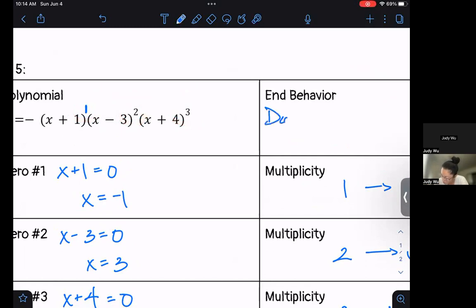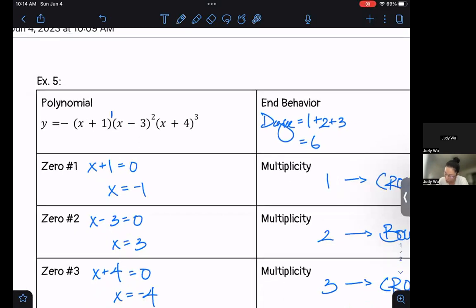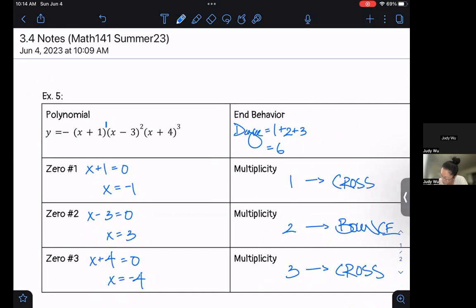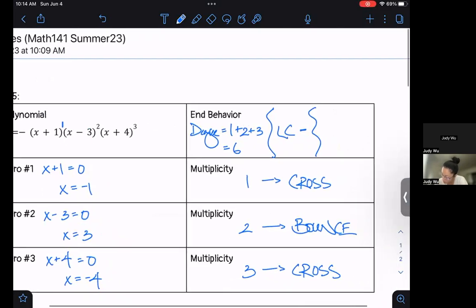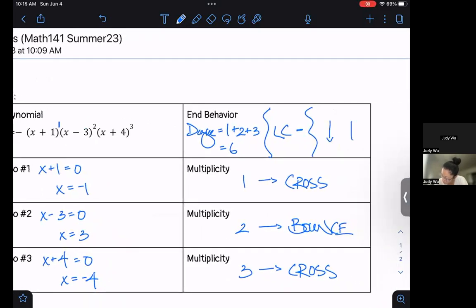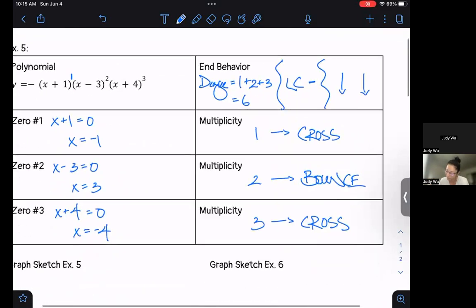So degree is 1 plus 2 plus 3, which is 6. And then my leading coefficient is negative. All right, so degree is 6. Leading coefficient is negative, and all of that means my end behavior is down, down. Okay, so even degree, negative leading coefficient means the graph goes down on both ends.